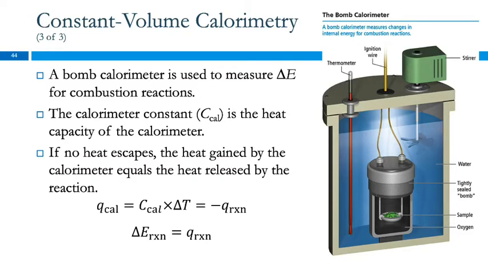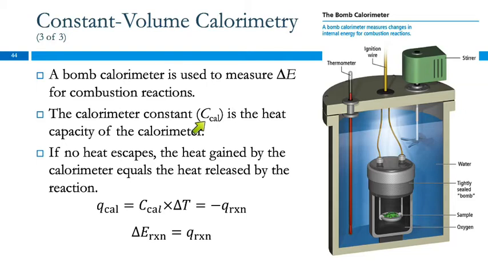So, assuming that no heat escapes, which means that it's a well-designed calorimeter, Qcal is equal to the heat capacity for the calorimeter times the change in temperature. Now here we're actually using heat capacity rather than specific heat capacity. We measure the heat capacity in a separate experiment where we know how much energy is going to be released, and we measure the temperature change of the calorimeter.